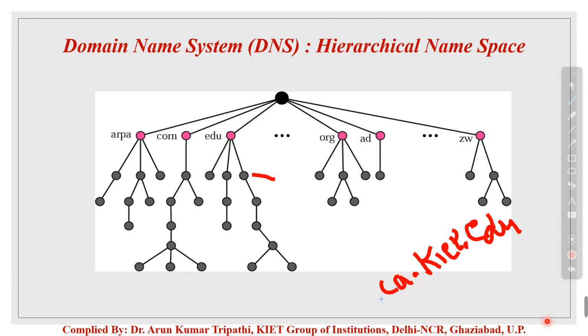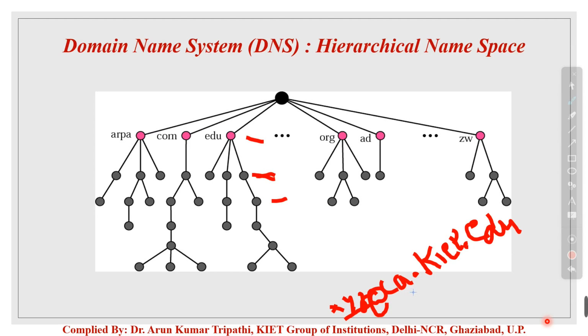And then after, at the rate and name of the person, XYZ at the rate CA dot KIET dot edu. So I have taken the one, two, and three level hierarchy: edu, KIET, and CA.